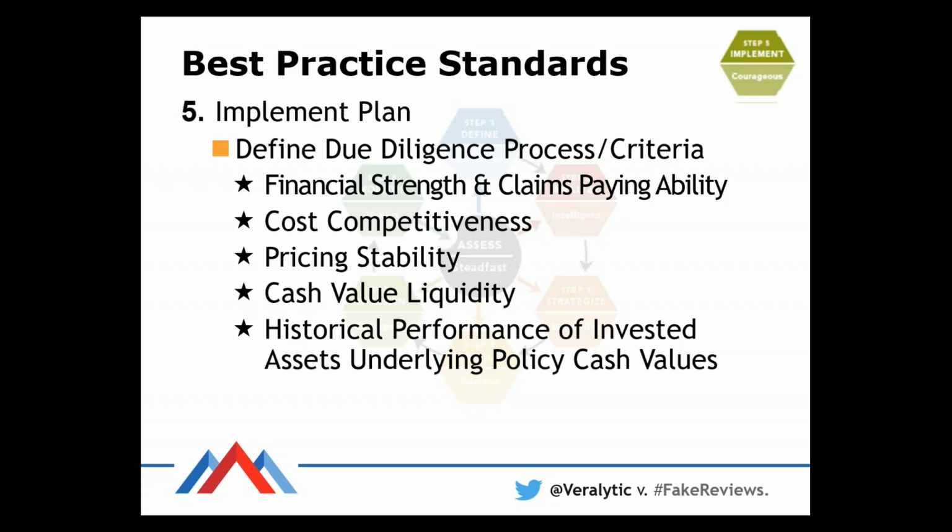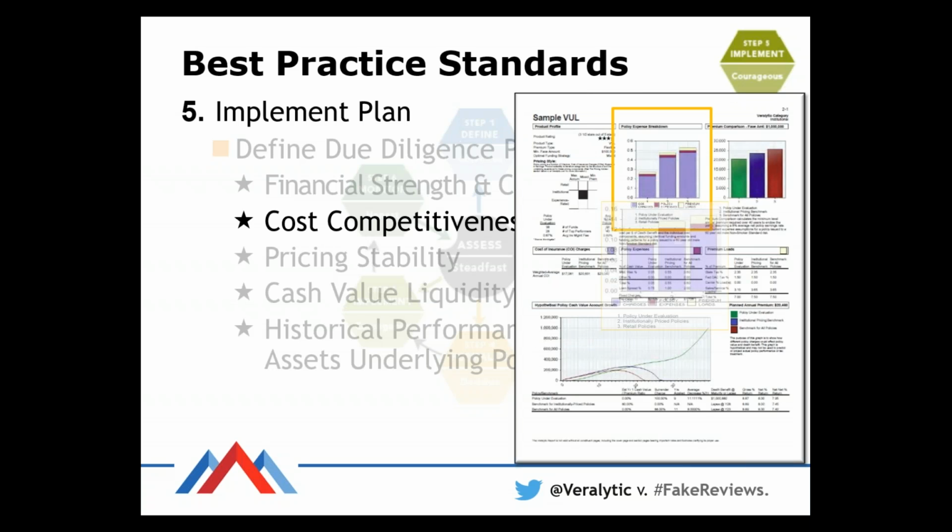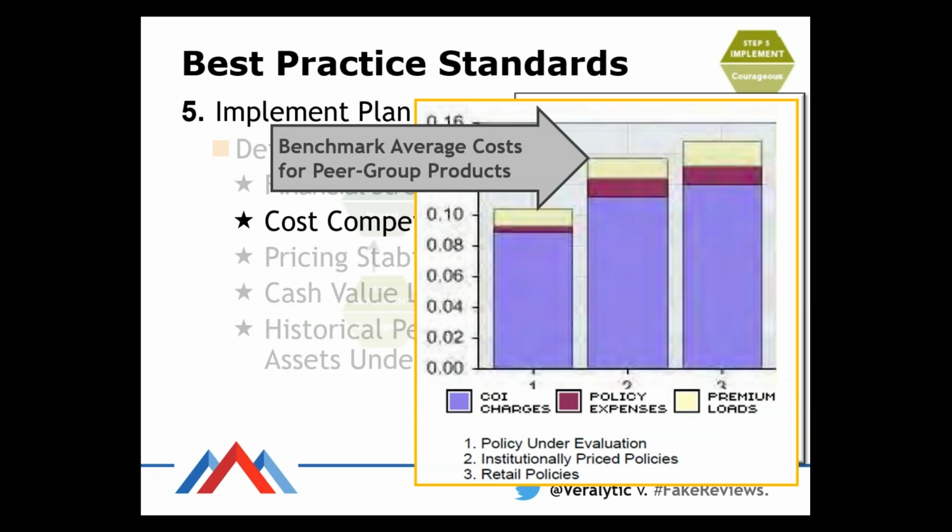That's just a difference that's worth noting. But the greatest unknown in the life insurance business is cost competitiveness. I've already alluded to the fact that there is an 80% swing between good and bad pricing. So not only is it unknown, but it can be harmful to clients.